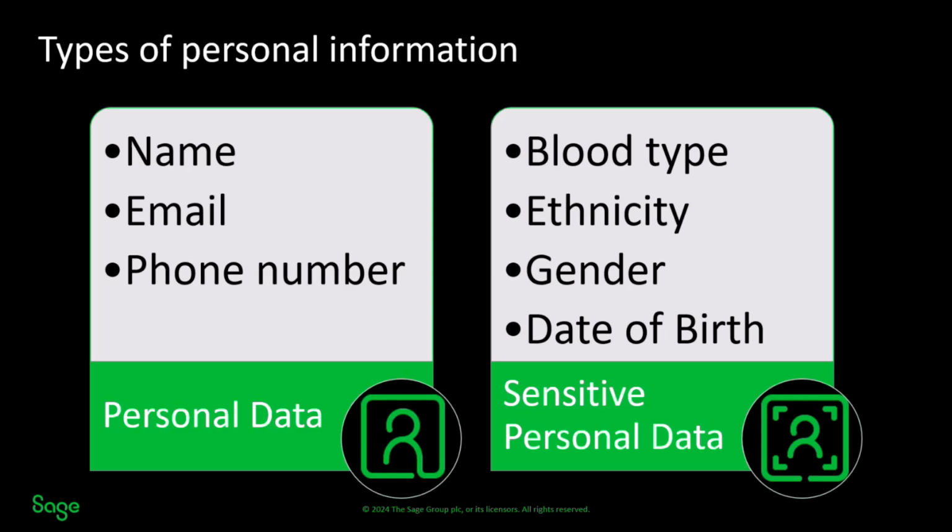All of this can fall into the category of personally identifiable data, or PII as well, personally identifiable information. And this is anything that can be used to identify a natural person, and it encompasses a lot of different data points.